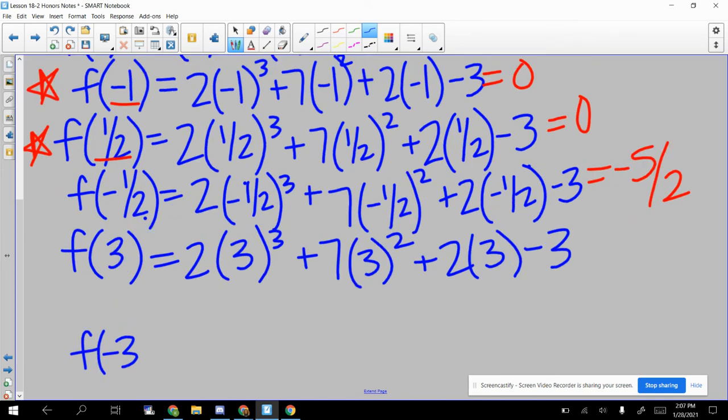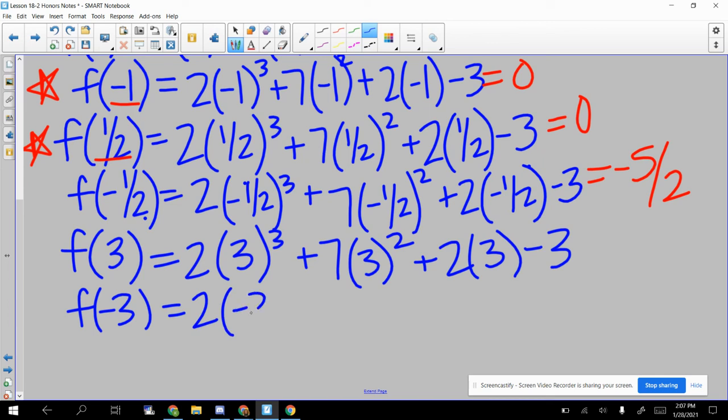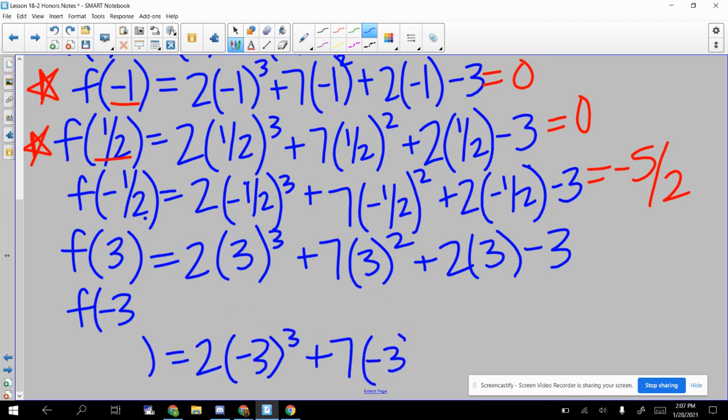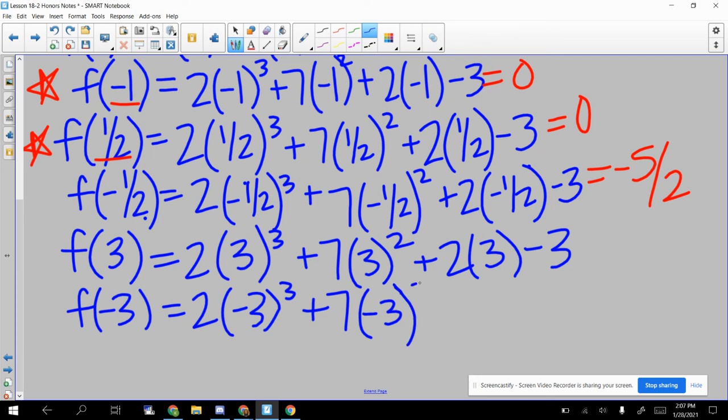And I'm just going possible rational root by possible rational root and plugging them in and testing them. It can be done quickly in your calculator. Especially if you weren't a huge fan of synthetic division, this is just another way to do it.